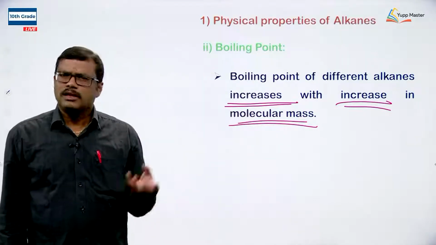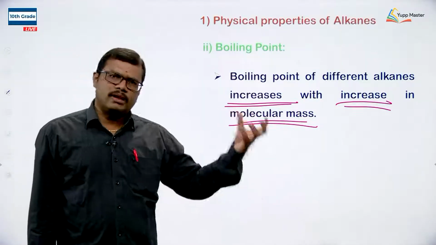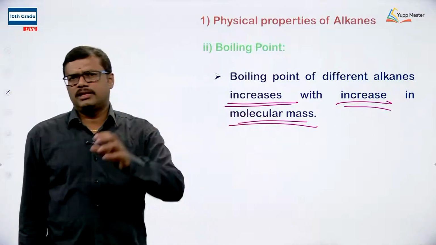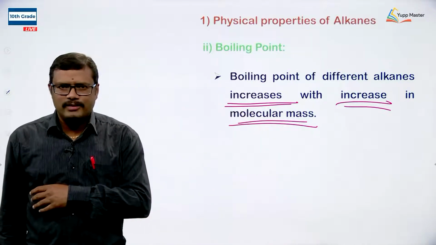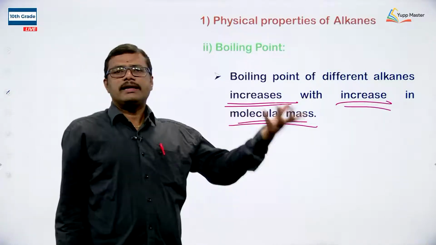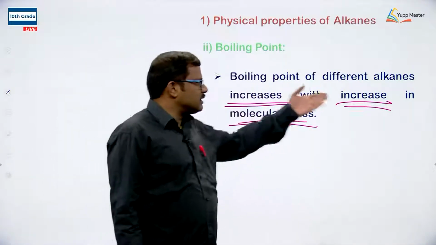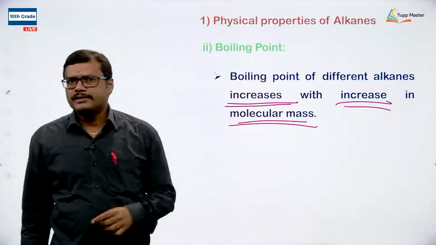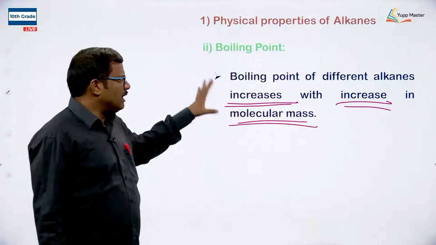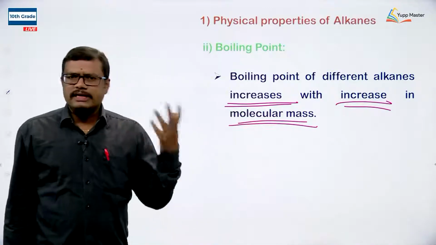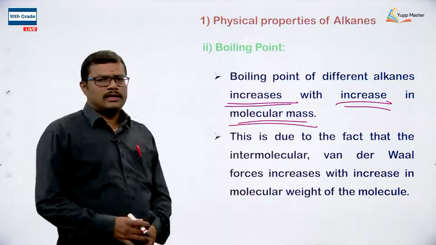What is molecular mass? Molecular mass is the sum of the masses of all the atoms present in the molecule. So as the number of atoms increases, the molecular mass also increases, and as the molecular mass increases, the boiling point also increases.